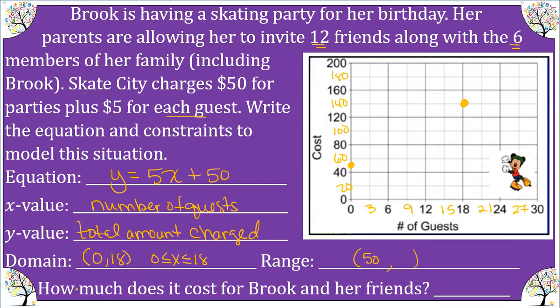Now let's answer this. How much does it cost for Brooke and her friends? So just the friends. So 12 friends plus Brooke, that's 13. So 5 times 13 plus the 50 gives me 115. That's about right here.